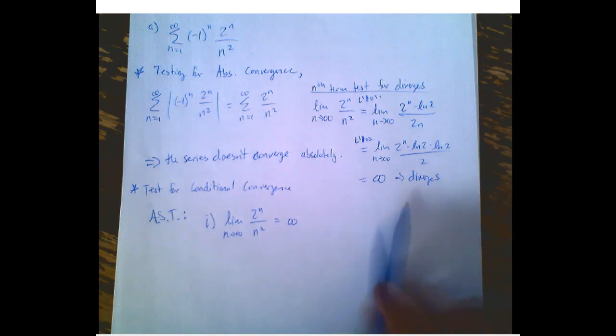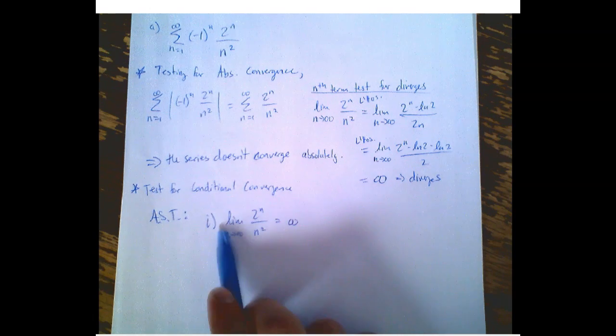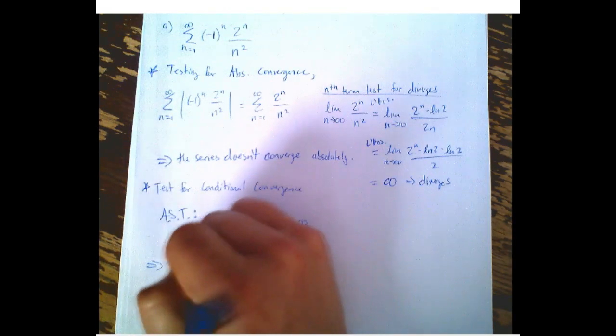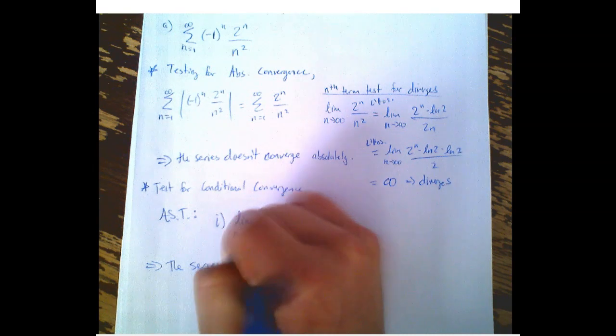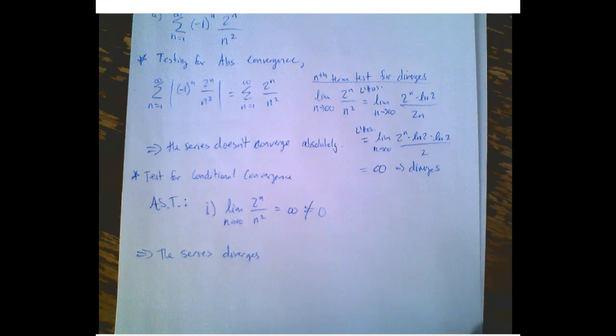So we're done, right? So we know that it does not converge absolutely. It does not converge conditionally because this fails the alternating series test or the nth term test here. Thus, the series diverges. Again, that is non-zero.